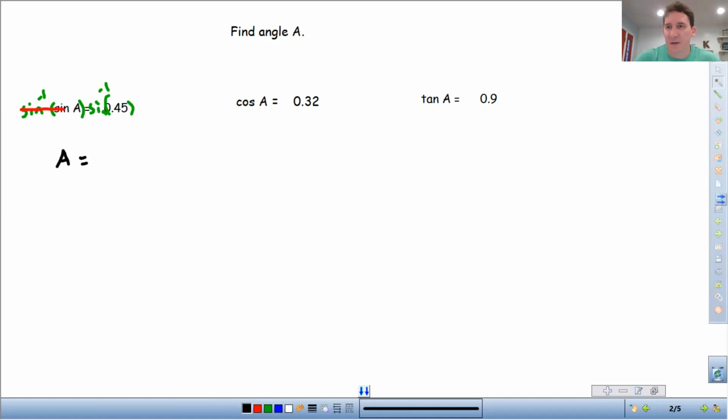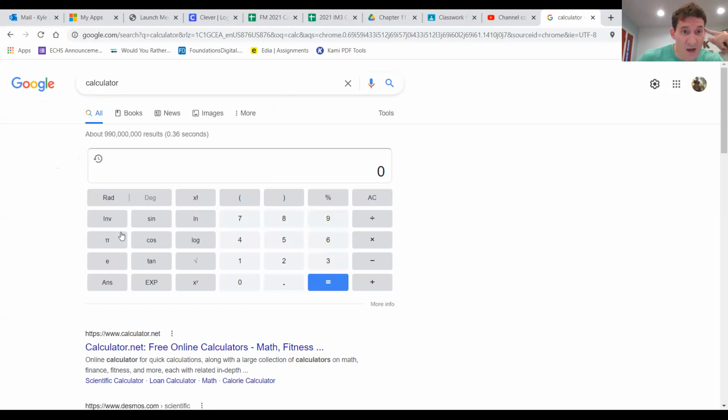So what we're looking for on a calculator. We have the sine, cosine, tangent functions.